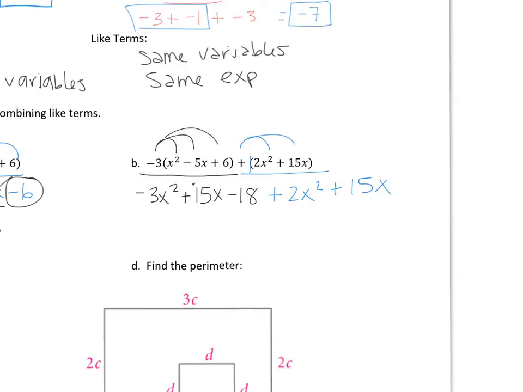Now you're going to combine your x squareds. So negative 3x squared and 2x squared is negative 1x squared, cross, cross. 15x and 15x is 30x, and then minus 18. So I want to write it from the highest degree. So the degree of this is 2, the degree of this is 1, the degree of a constant is 0. You want to write them in order.